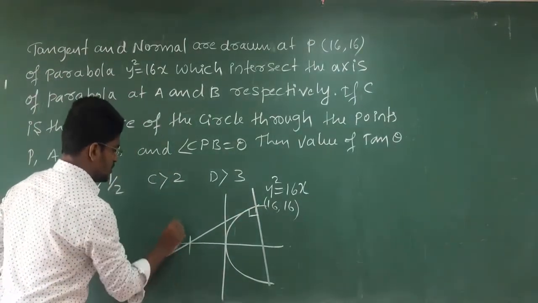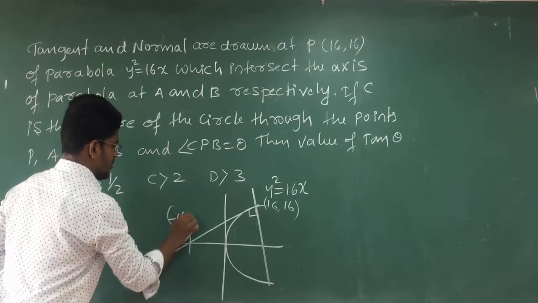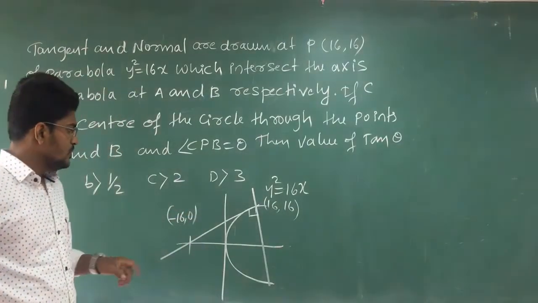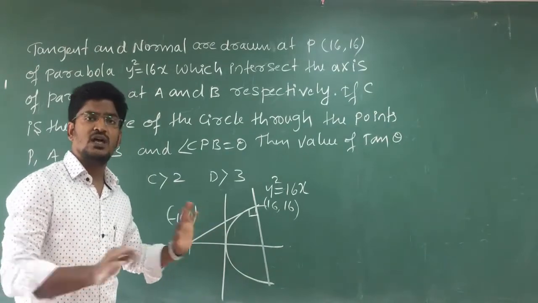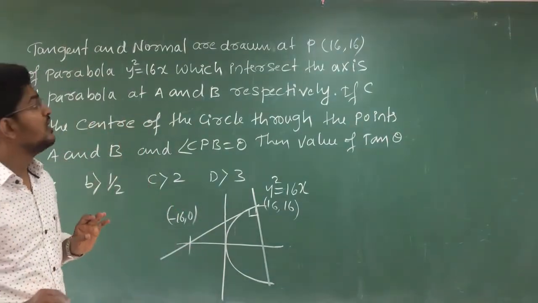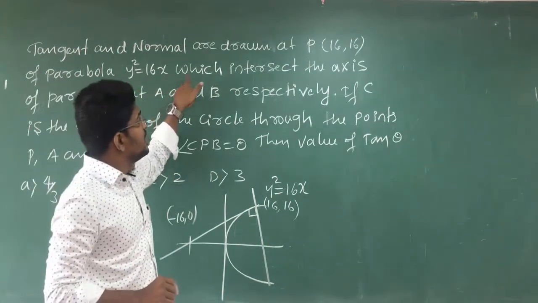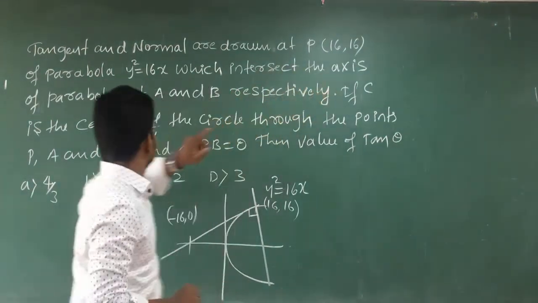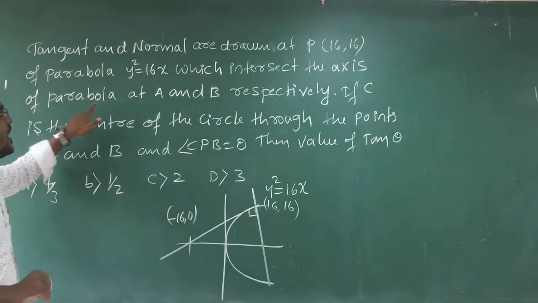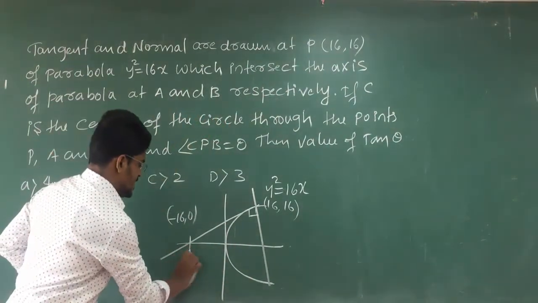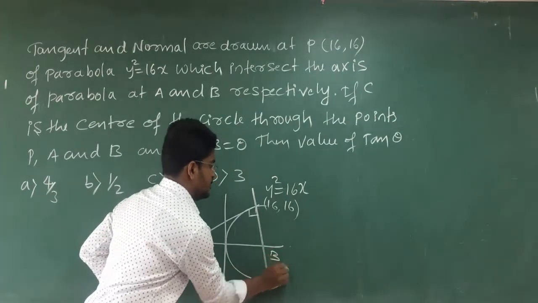So this is minus 16, 0. Now this is a tangent, this is a normal. We have drawn what they have asked, which intersect the axis of the parabola at A and B. Clear? So this is A and this is B.